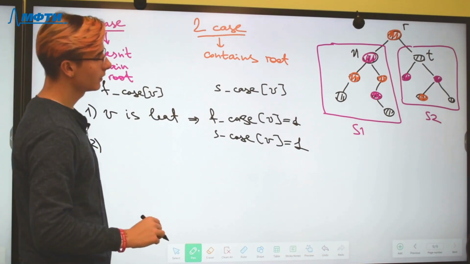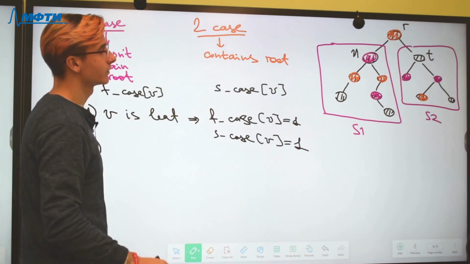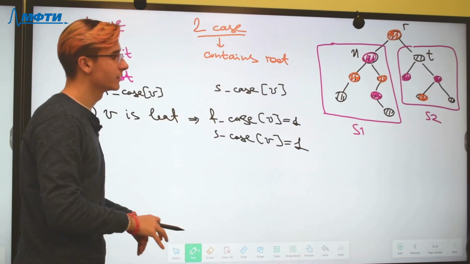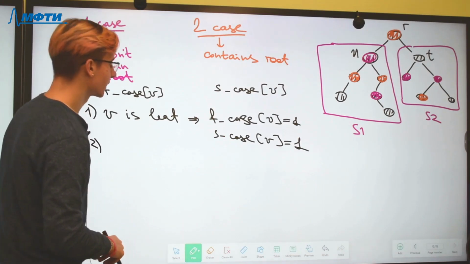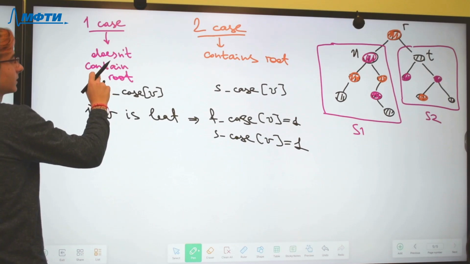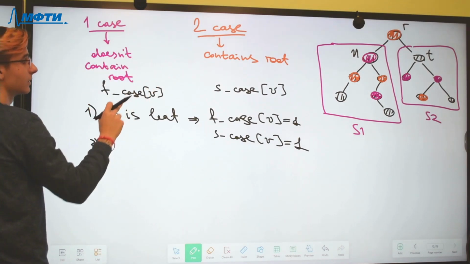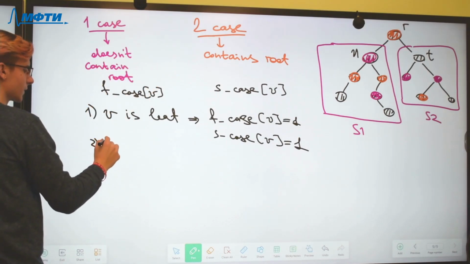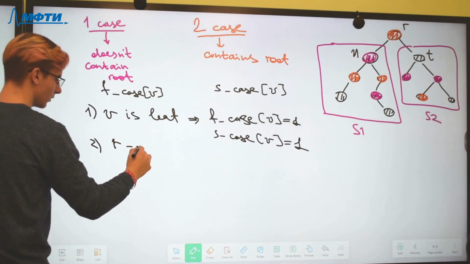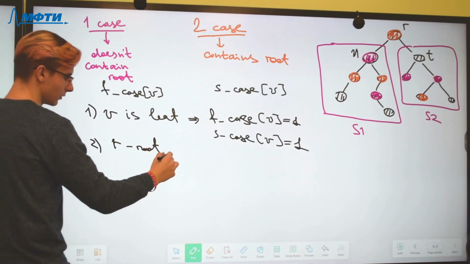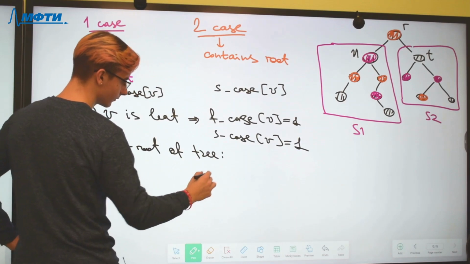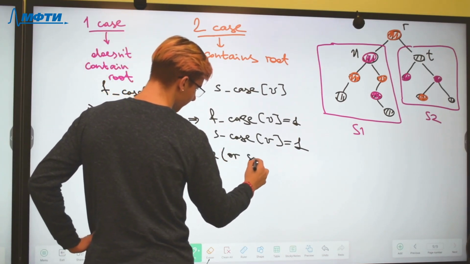And then if V is equal to the root of the tree that has different subtrees, we say that firstly, the set doesn't contain the root. In the first case, roots of the subtree.